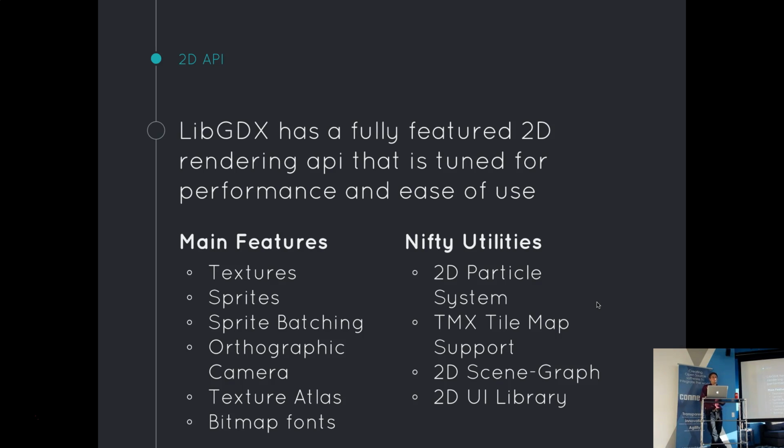It supports tiled maps from an application called TMX, which is like a GUI where you can draw maps with tiles. It also has a 2D scene graph and a UI library.